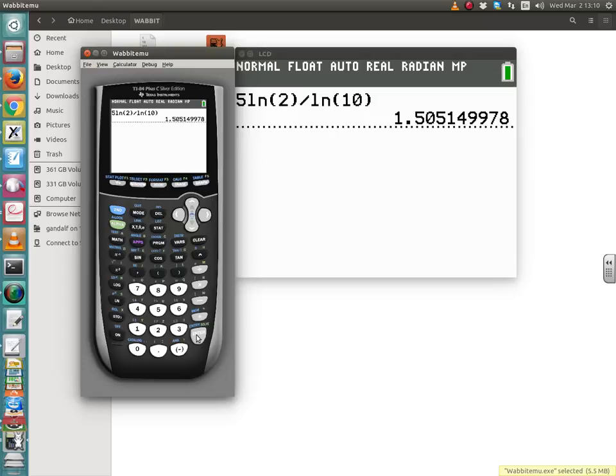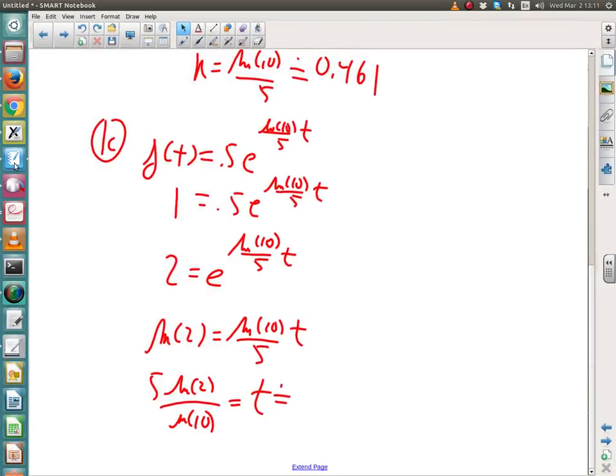And you get the doubling time is 1.505 or so. They don't give you units, so I'm not going to say years, days, weeks, hours, minutes, or seconds. But it's a time, right?